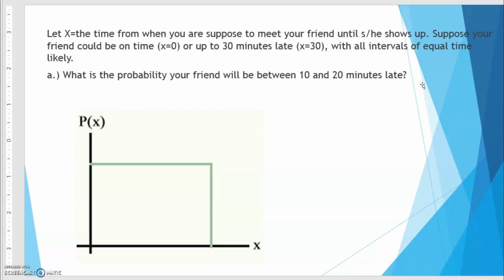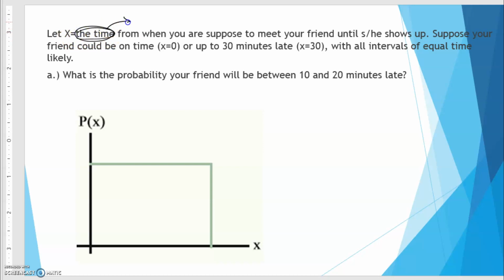Now let's look at this one. Let x equal the time from when you are supposed to meet your friend until he or she shows up. Suppose your friend could be on time, x equals 0, or up to 30 minutes late, x equals 30, with all intervals of equal time likely. What's the probability that your friend will be between 10 and 20 minutes late? Okay, well, number 1, let x be the time.